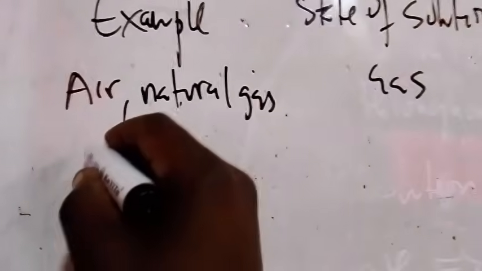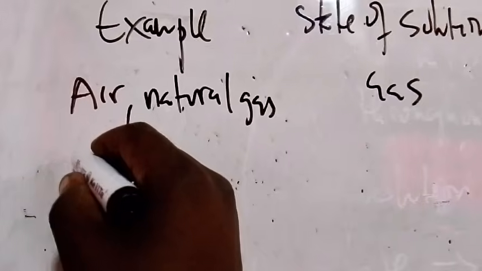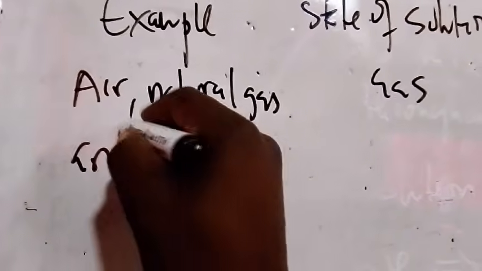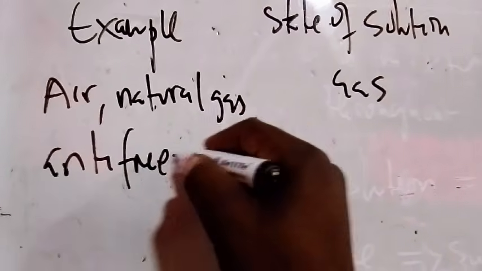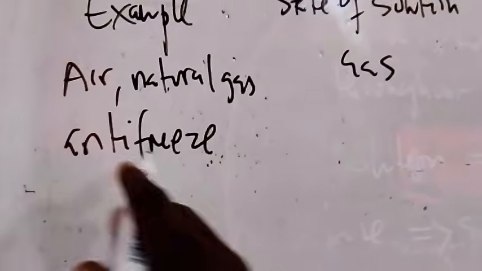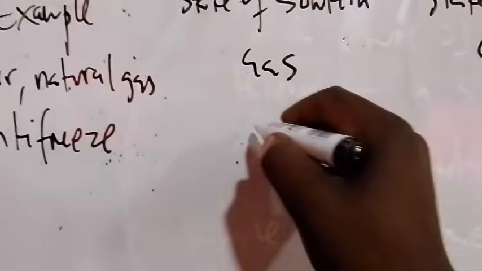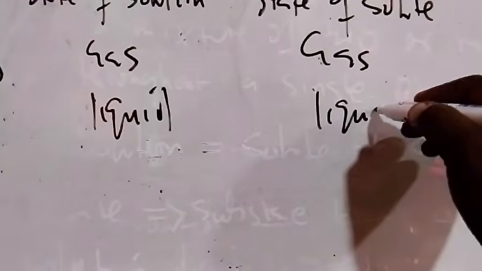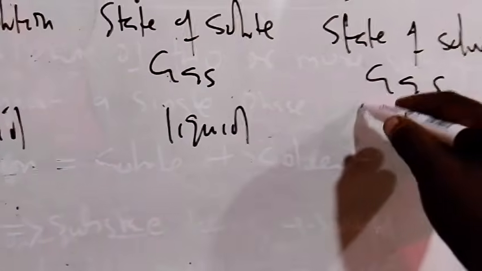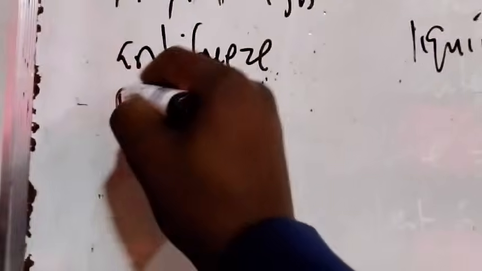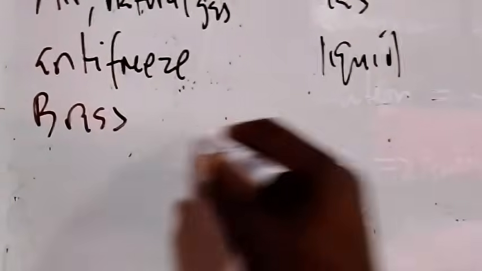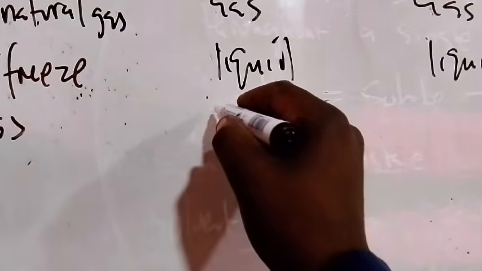Then we can look at antifreeze. This is used as coolant in car radiators. This one is a liquid. State of solvent, liquid. Brass is an alloy of zinc and copper, so it's a solid.